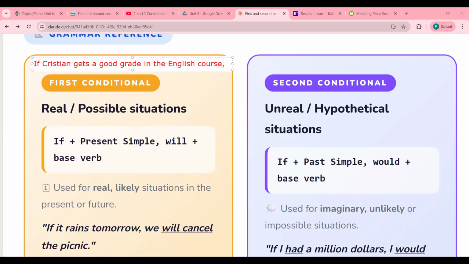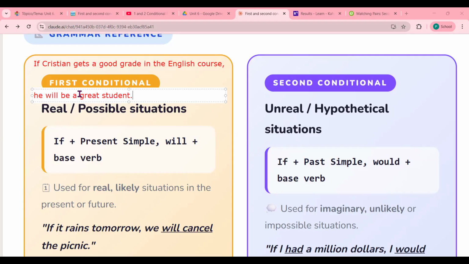What is the possible result, my dear Christian? If Christian gets a good grade in the English course, so he will, because it's real, he will be a great student.